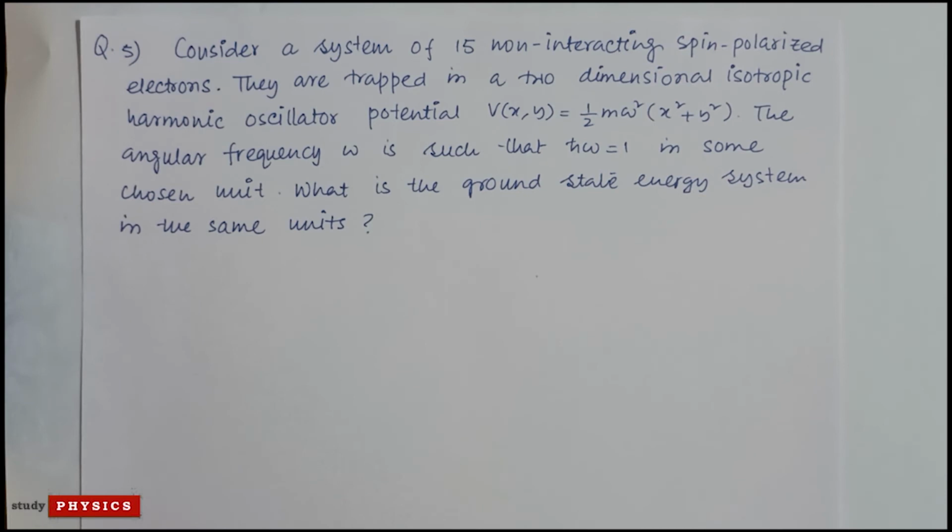Now question number 5. Consider a system of 15 non-interacting spin polarized electrons. They are trapped in a two-dimensional isotropic harmonic oscillator potential V(x,y) equal to half m omega square (x square plus y square). The angular frequency omega is such that h cut omega is 1 in such chosen unit.